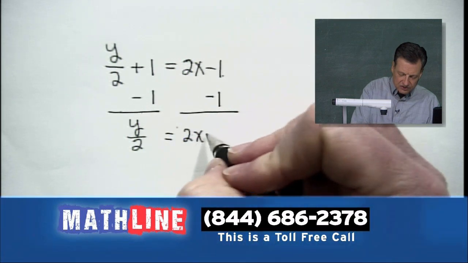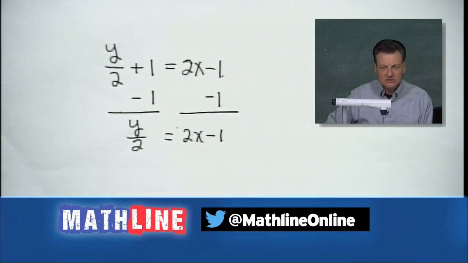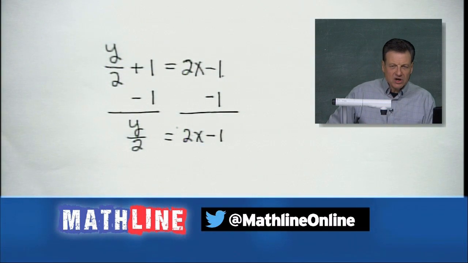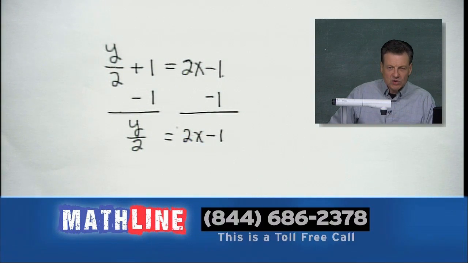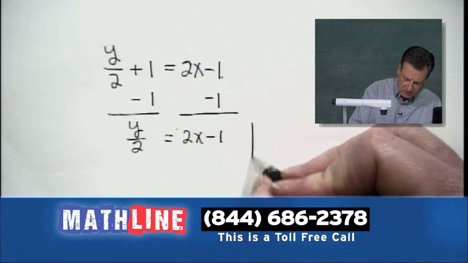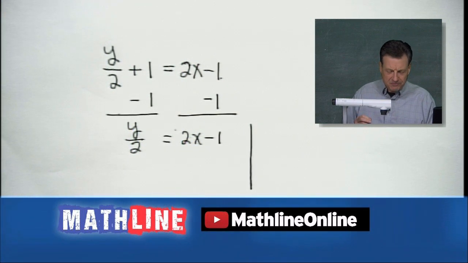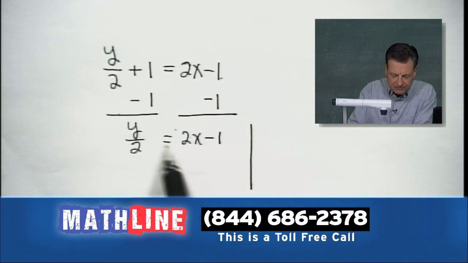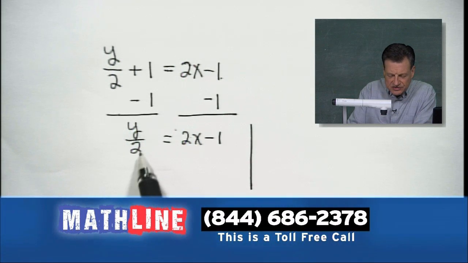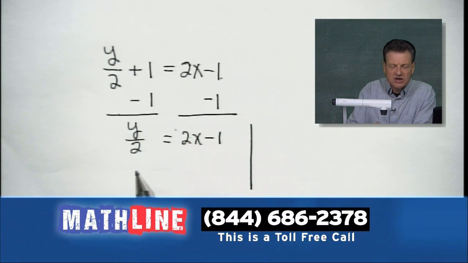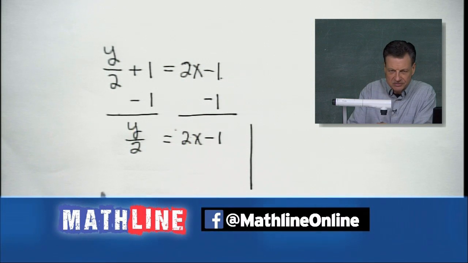Now we're going to see what the intercepts are for these situations. I may want to get rid of this 2 here because we don't like fractions, but we don't really have to.